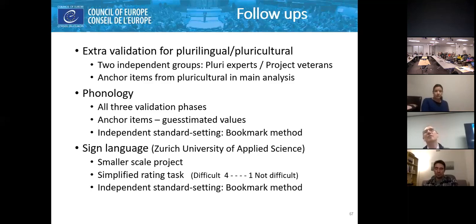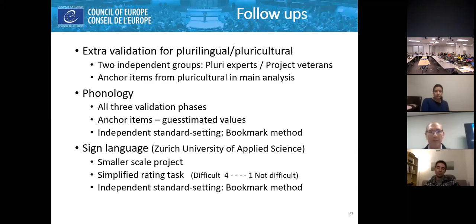So we took some items from Cambridge and used them as kind of fake anchor items. But at the same time, we did an independent standard setting with a different method, which is the bookmark method, which, if you ever get involved in standard setting, is the simplest and best method of standard setting, which we could talk about later, but it's very simple.